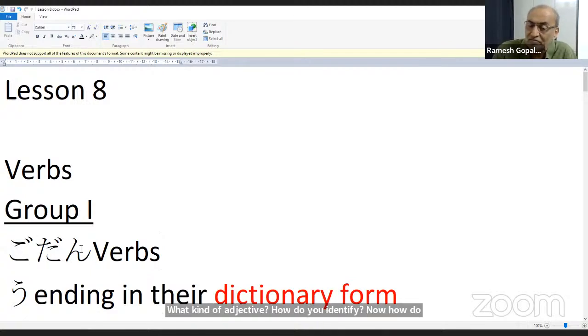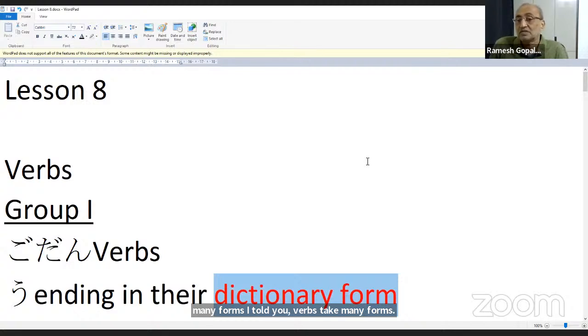Verbs take many forms. One form is called the dictionary form. You also hear Jisho form being used for this. Jisho is dictionary. So dictionary form.